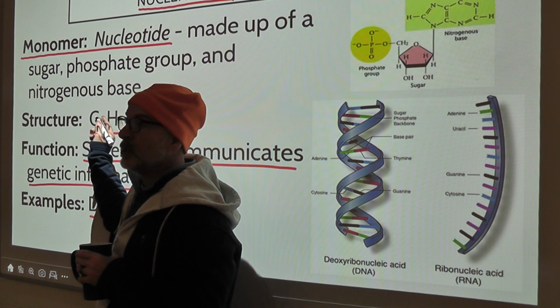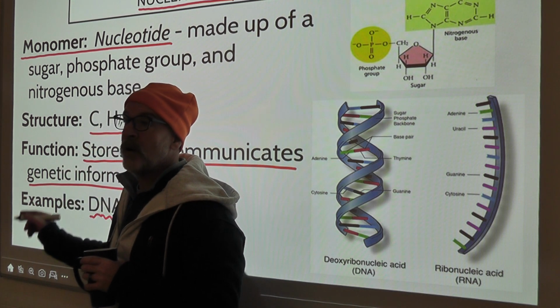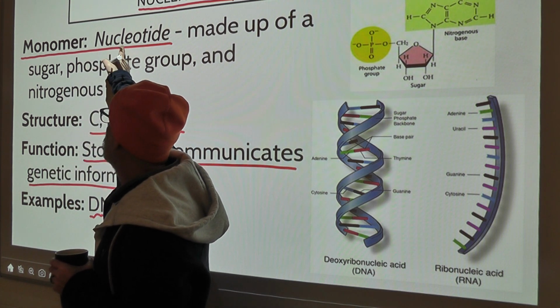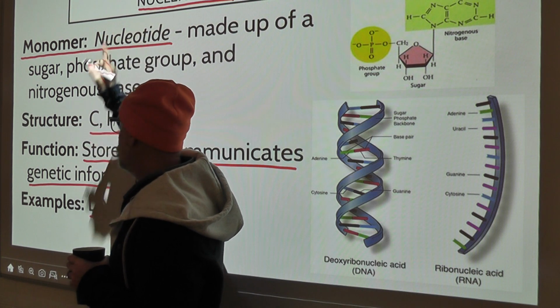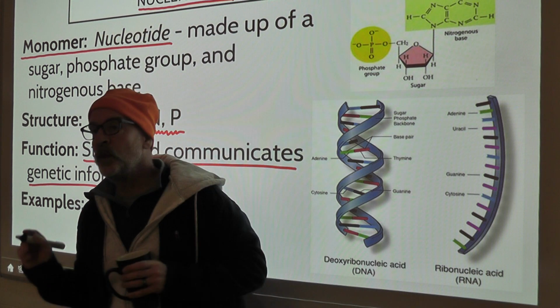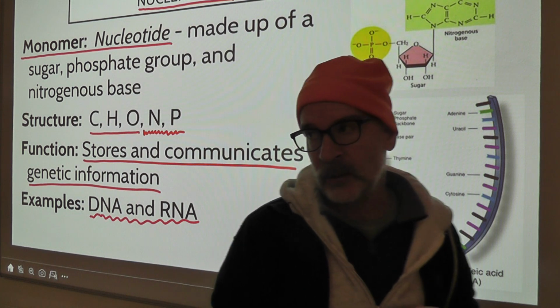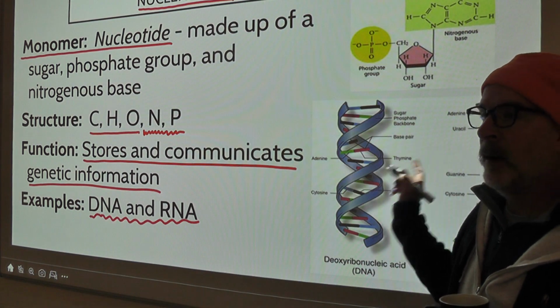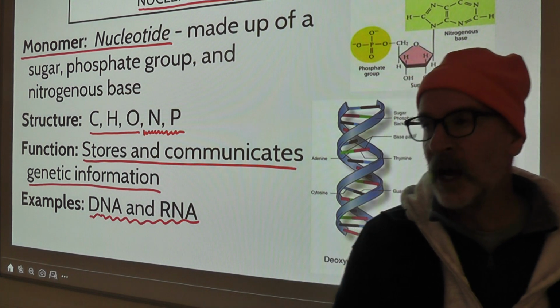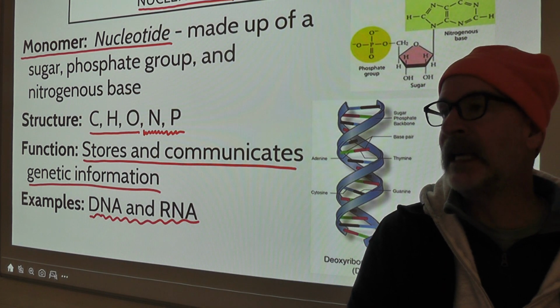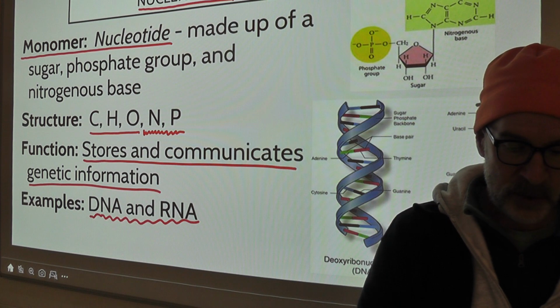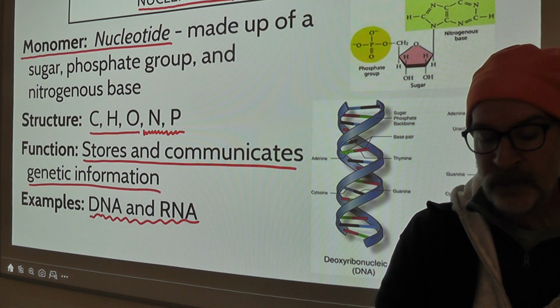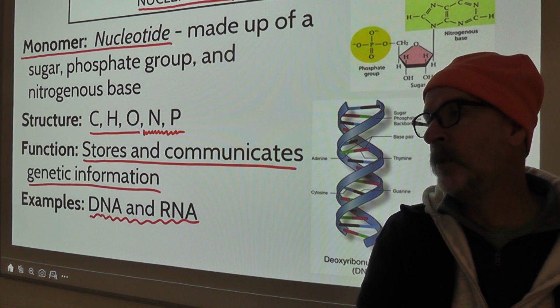The good news is you don't have to know any of that stuff now. For now, all you need to realize is that nucleic acids store genetic information. When we talk about cells and we move to talking about genetics, that's when we'll talk in more detail about how all of this genetic information works together inside living organisms. So for now, we'll keep it simple. Nucleic acids store genetic information.